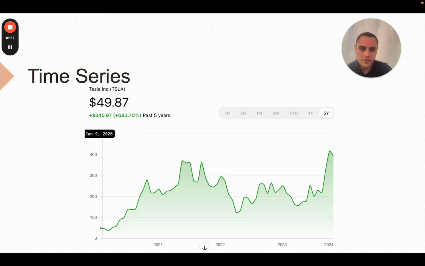With time series, you can think of this as a subcategory of longitudinal. Obviously, we're tracking something over time, right? Tracking an event, an outcome over time. A common example here would be a stock price, right? Stock price goes up, it goes down. We can track the movements. You can see the Tesla ticker here and how it's gone up and down over time.